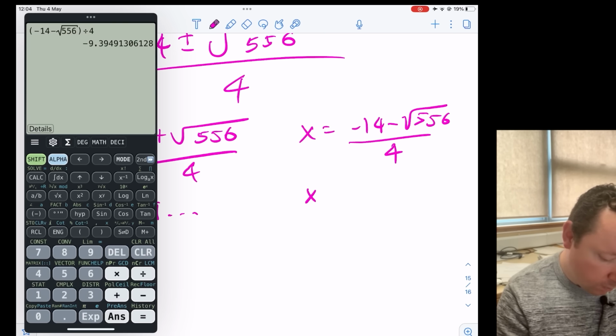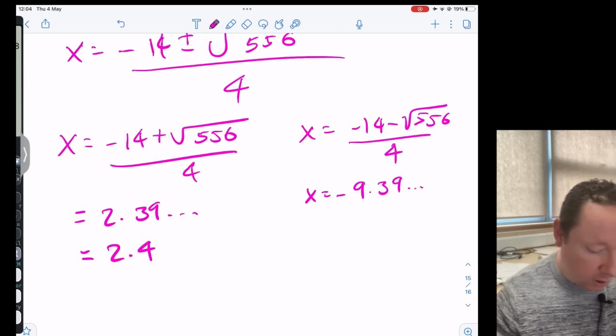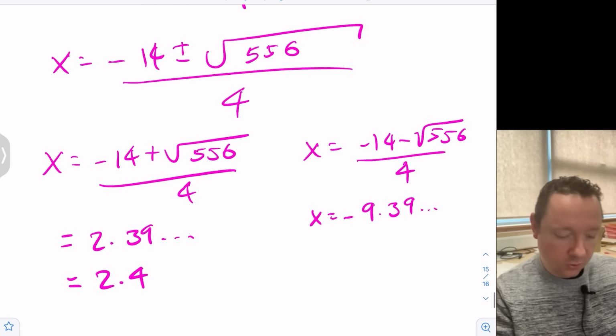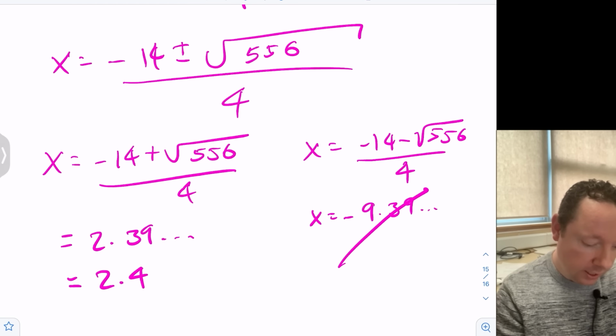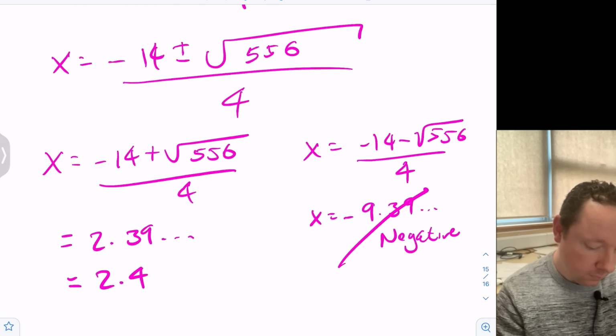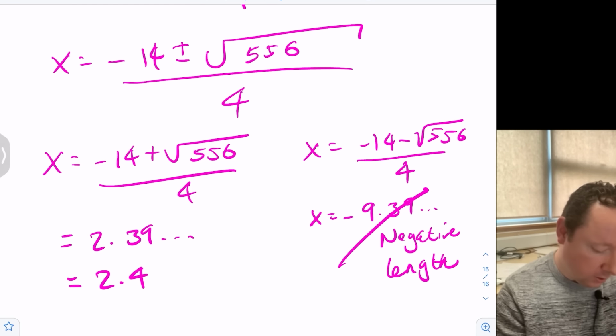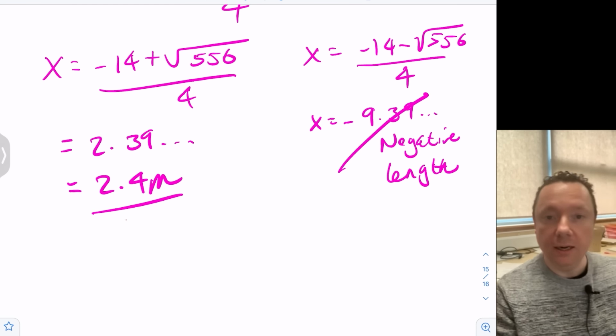We've got x equals minus 9.39. And I'm not even going to round that one because this is a question about breadth, so that isn't the one we're going to use because you can't have a negative length. So therefore our only answer is 2.4 metres, and we're done there.